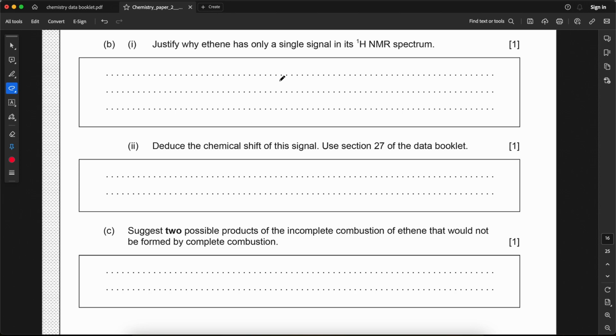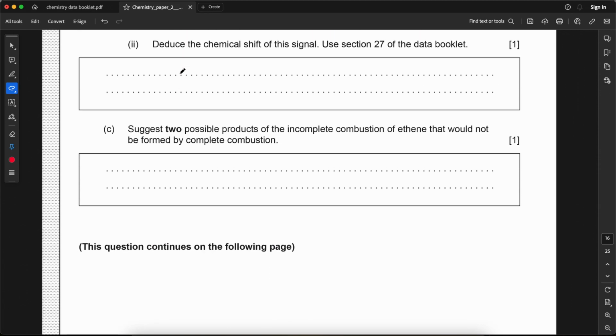Justify why ethene has only one single signal in its H NMR spectrum. This is ethene. You can see it's symmetrical. So the hydrogen atoms are in the same chemical environment because it is symmetrical. So this is the same as this.